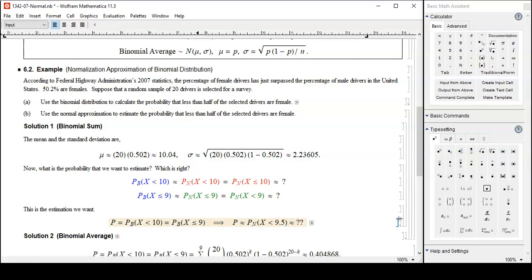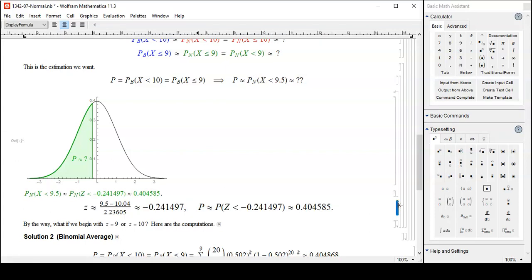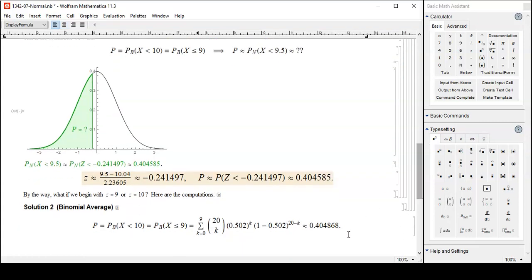Will that improve? You bet it does. The X value is 9.5, and then mu and sigma are the computation you did before. So the z-score is x minus mu over sigma. It turns out like this. And that computation and also this picture comes out very, very similar to what you want.